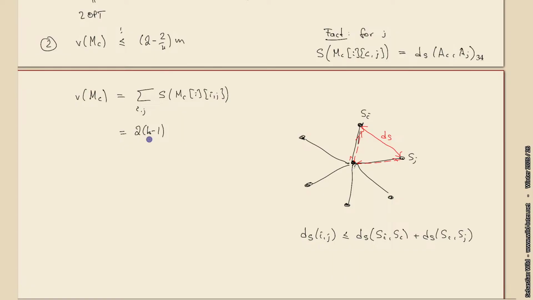So we're summing over every edge 2k minus 1 times. And then what we sum are the edges from I to the center, C_i. And that one is actually equal, by the fact above, to the true distance.